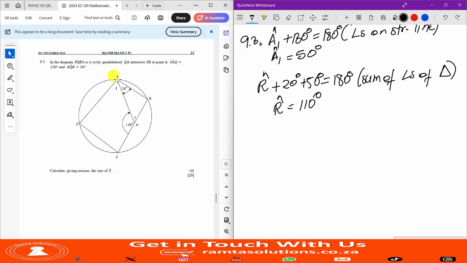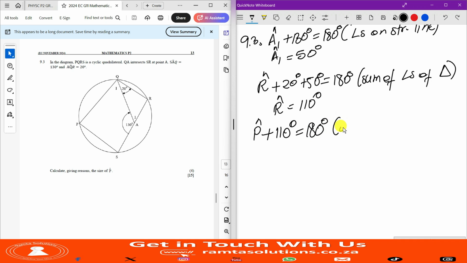Remember, PQRS is a cyclic quadrilateral, so opposite angles are supplementary. Right? So we can then say angle P plus 110 degrees is equal to 180 degrees. Why?